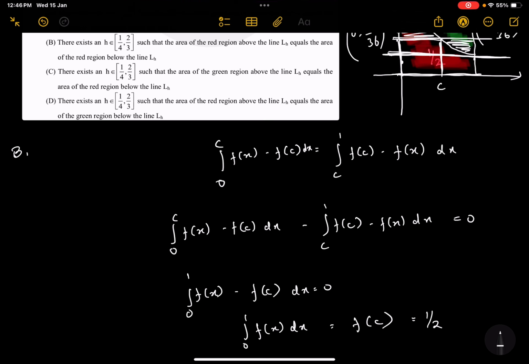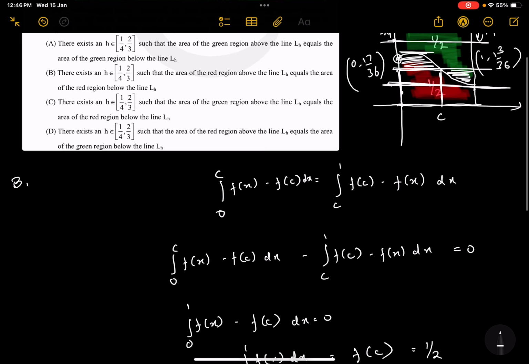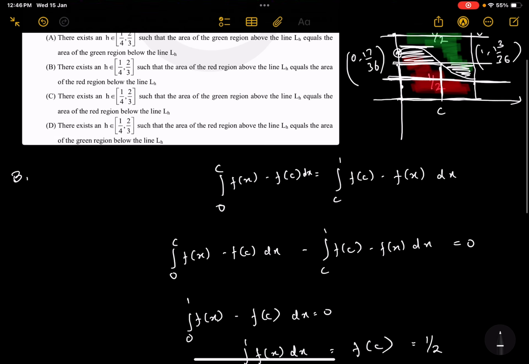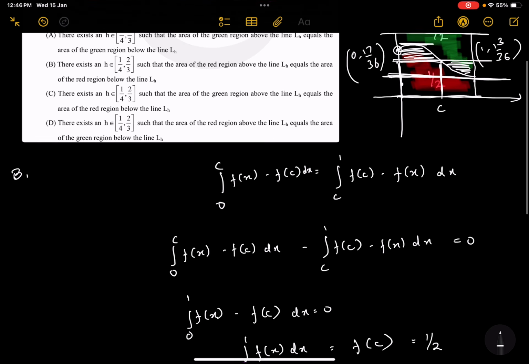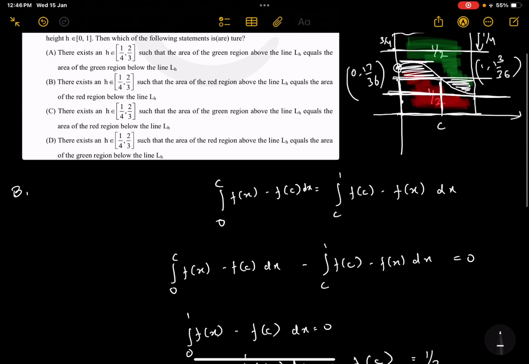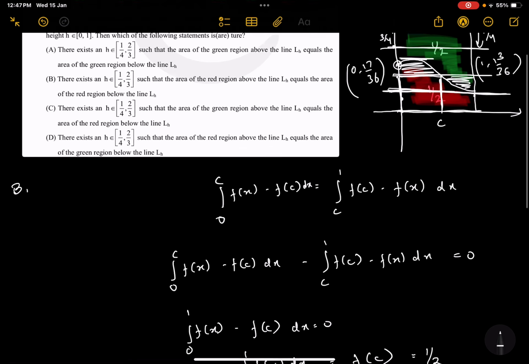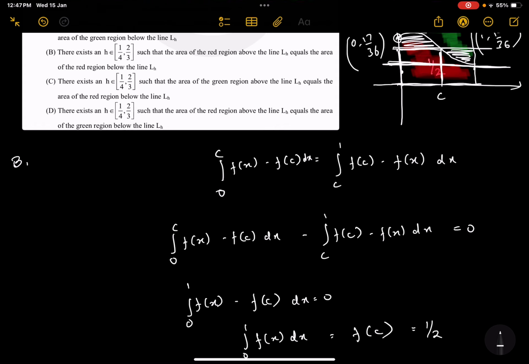So we need that the c, in fact the f(c), which satisfies the condition that the area of the red region above that line is equal to the area of the green region below that line, is half. So h is half, which means C and D are correct.